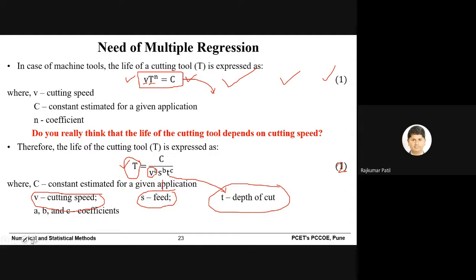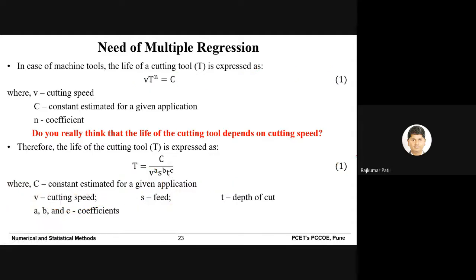And when you come across all these parameters, you must go with equation number 2 in order to find out the life of the cutting tool in a better way, or accurately, I would say.